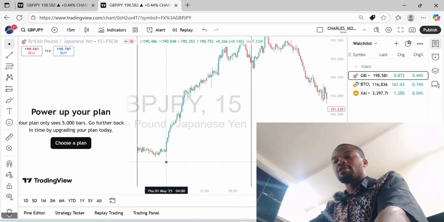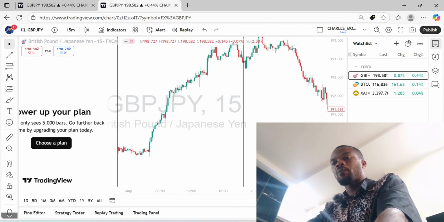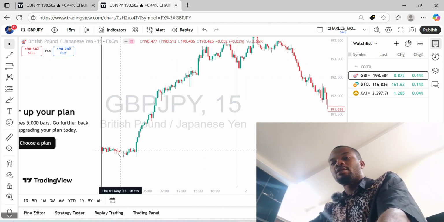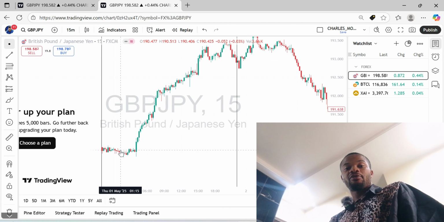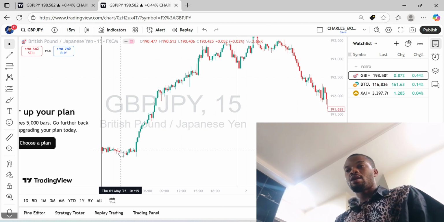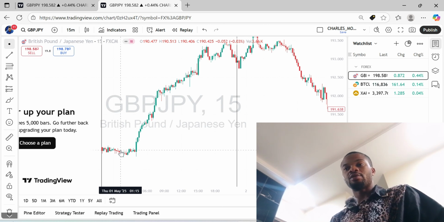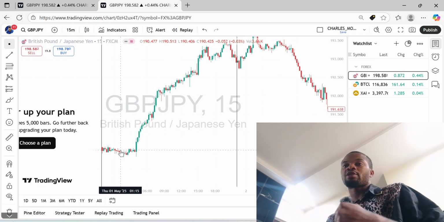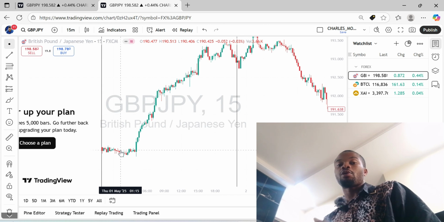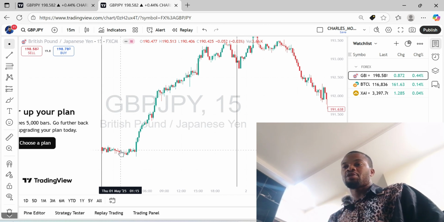Let me zoom out on this. Like I said before, every day aside from Monday, any day I want to take a trade, I really try to arrange my time so that I'll be up as early as possible.